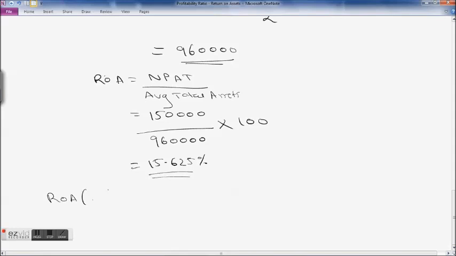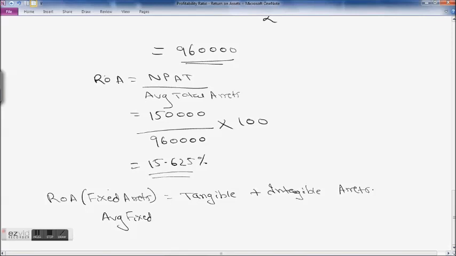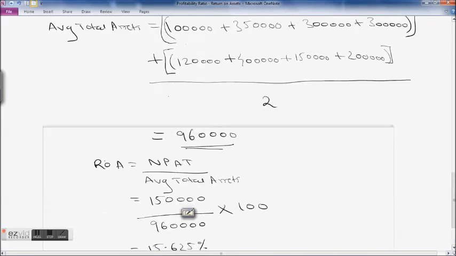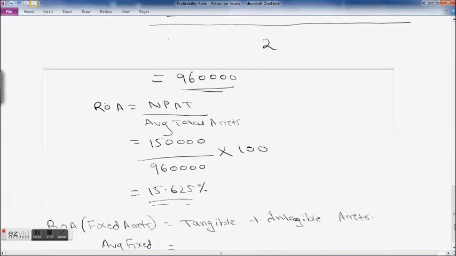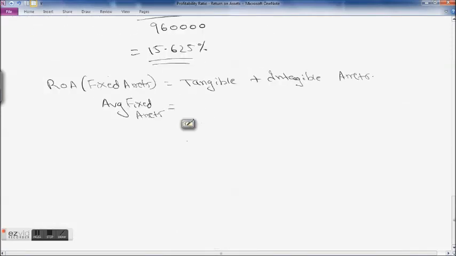Now return on asset on the fixed assets. Fixed assets will include all your tangible plus intangible assets. So let's first calculate the average fixed assets. For the current year, 1 lakh is goodwill plus 3,50,000, so 1 lakh plus 3,50,000.